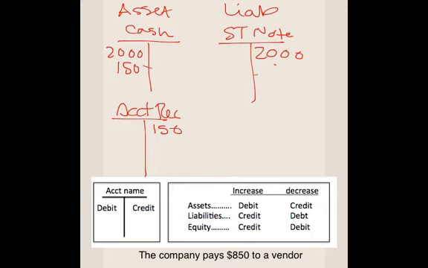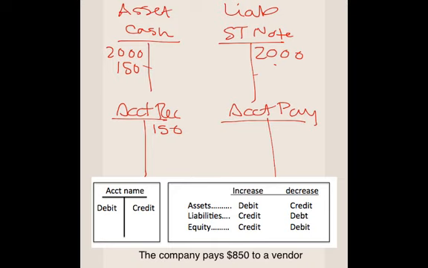Okay, now there's going to be another transaction. The third one here is the company pays $850 to a vendor. Now a vendor is somebody who sold you something. So just the opposite occurred from the customer; in our case, we got the merchandise, but we ended up owing them something. So we previously had created an account called accounts payable where we owe somebody something. And what's happening in this transaction is we're paying back some of what we owe.